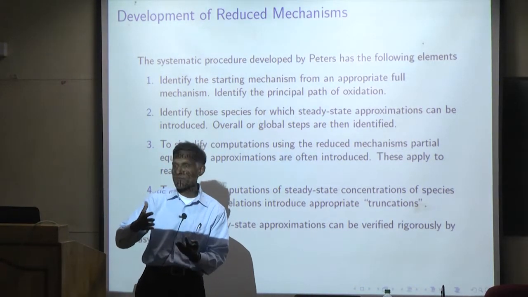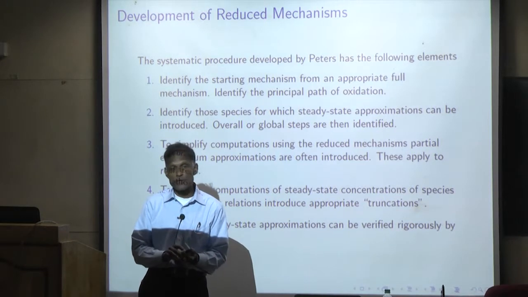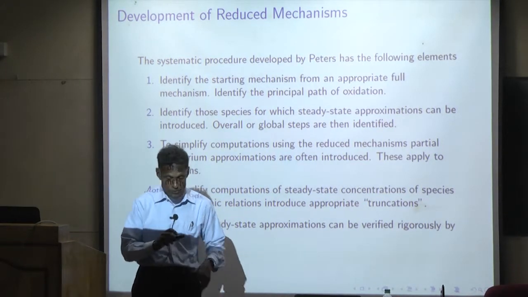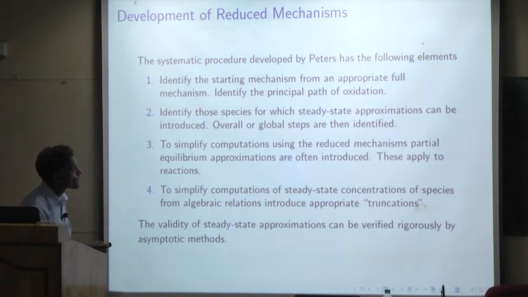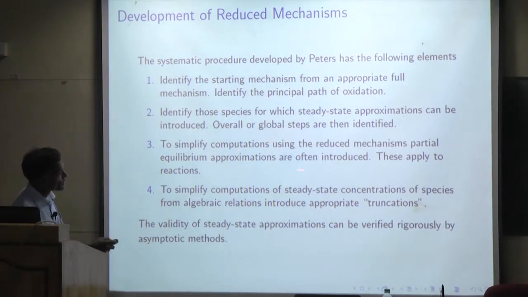So we are really solving a set of algebraic equations and differential equations. That's the real simplification. And then there are partial equilibrium approximations, which is a detail not necessary right now. And then we do something called truncations.